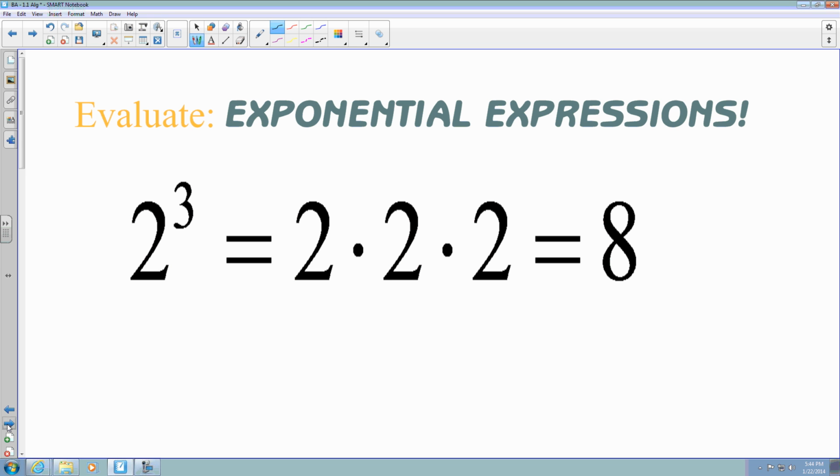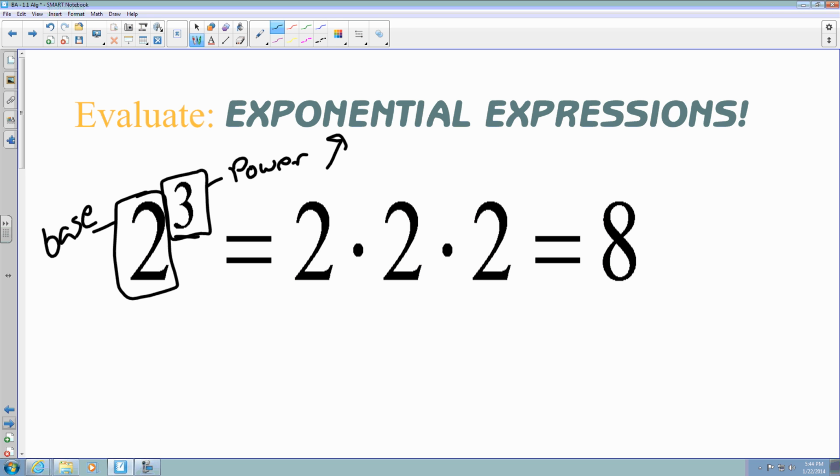Next thing we're going to talk about is exponential expressions. In an exponential expression, we're going to have a little value on the top right corner of our term. In this case, it's the number 2. The big value is called the base, and this little value here is called the power, or the exponent.